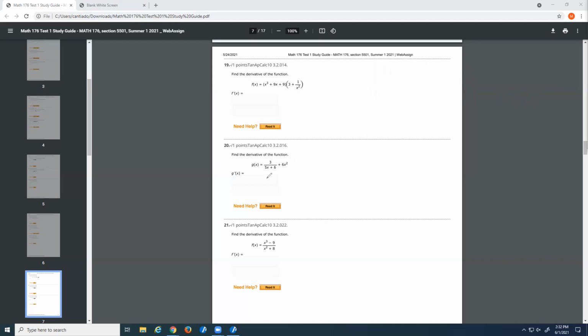So for this one, there's actually a couple different ways you can do it, but we'll probably just do it with quotient rule because it'll be a good, easy example of quotient rule.